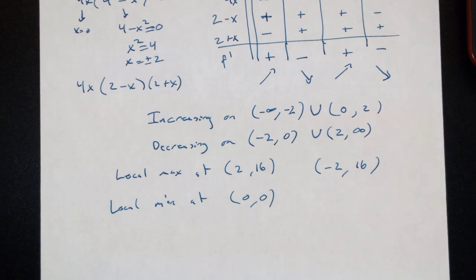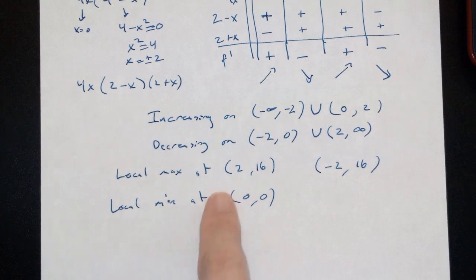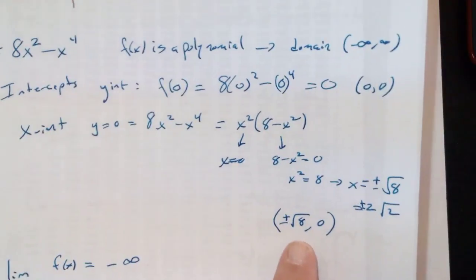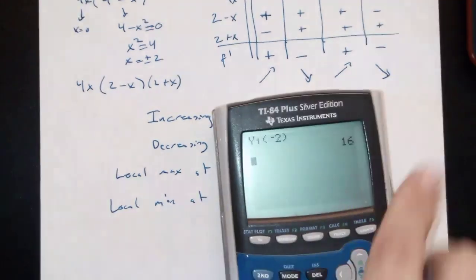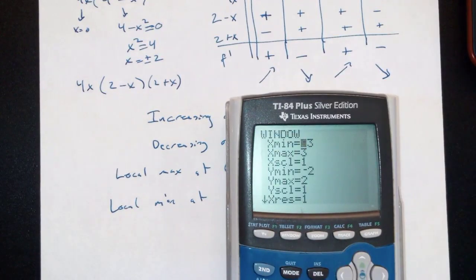Square root of 8 is bigger than 2. So I know I need to go out at least past 2, even though 2's are here. I had numbers further away here. So I probably need to go out to say negative 3 or negative 4 on the left, 3 or 4 on the right. There.